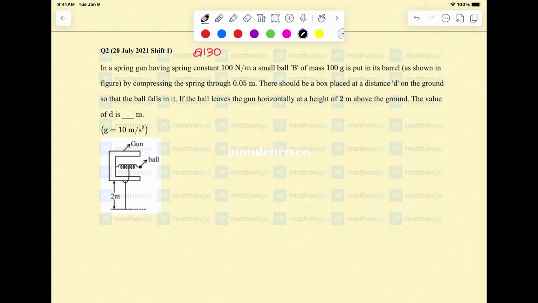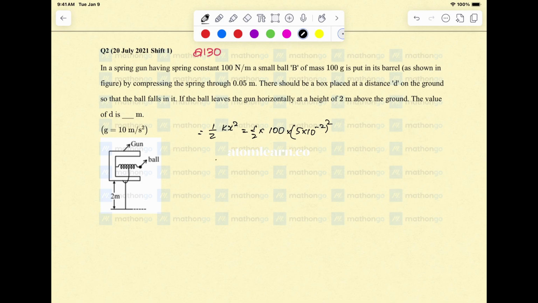That means the initial energy is the spring potential energy, half kx squared, which is half into 100 into (5 into 10 power minus 2) squared. This is the initial total energy. Now there should be a box placed at a distance d from the ground such that the ball falls into it. This is nothing but a horizontal projectile problem.